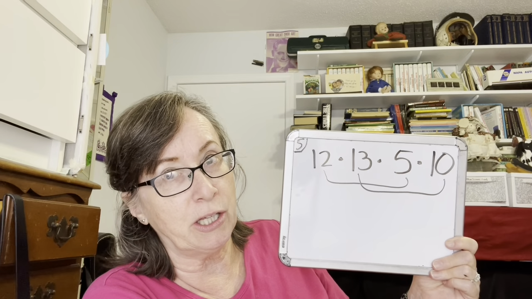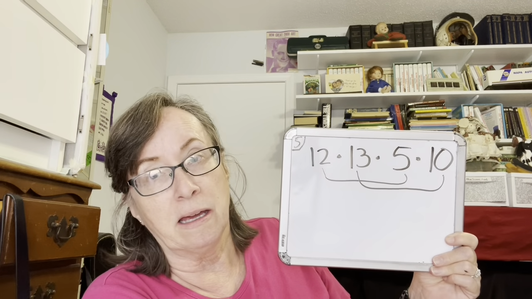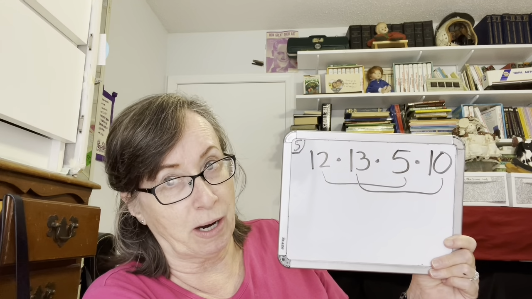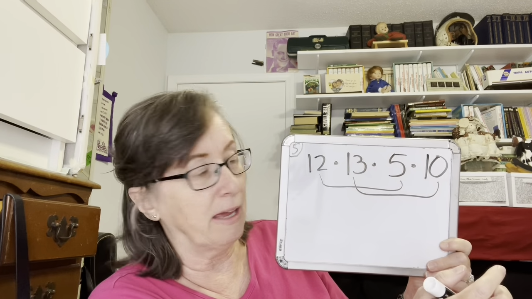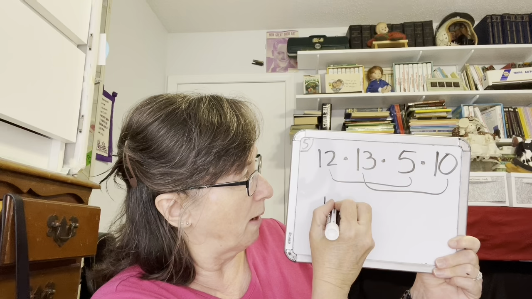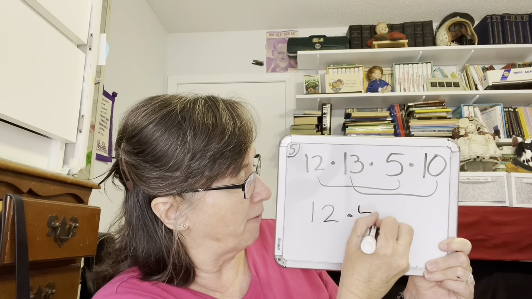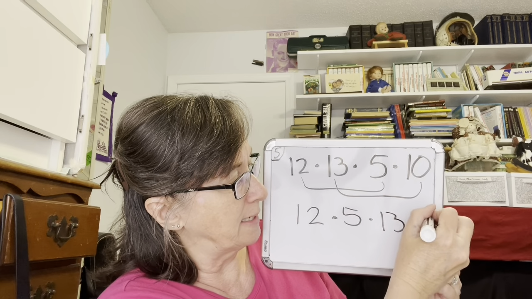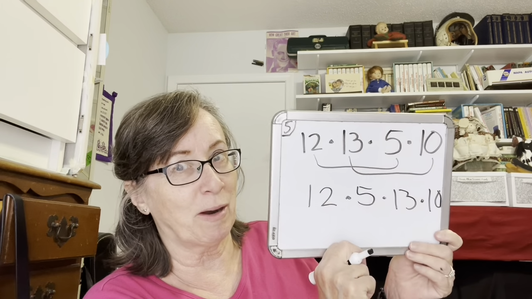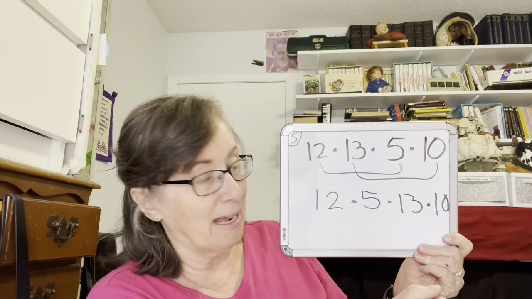So I'm going to use the commutative property by moving the 13 and the 5 around. So 12 times 5 times 13 times 10 gets them in the right order.